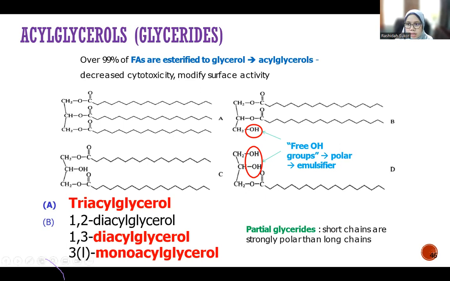So emulsifier like soy lecithin can be an emulsifier. Fatty acid, or we call it acylglycerol, can also be an emulsifier if you have this OH group to give solubility in water.